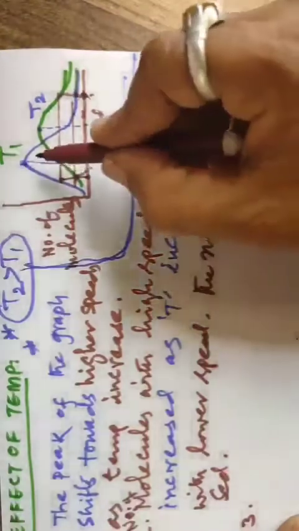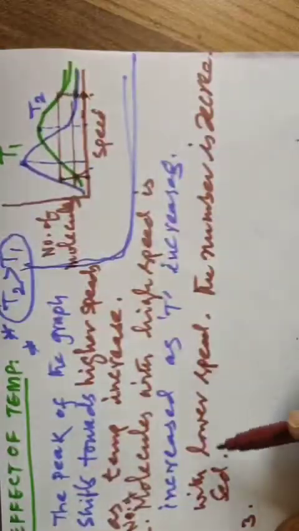Observe how the peak of the graph changes. It becomes flattened, and the graph moves to higher velocity. That is a point to be taken.